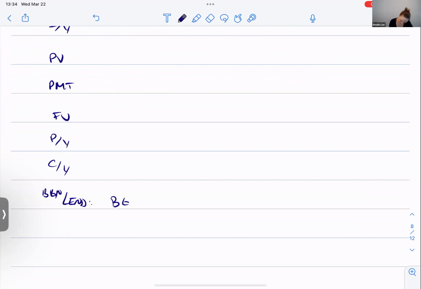And here we're at the beginning, right? So you have to make sure that you're in the begin mode. As long as you change it before you compute the value, of course, it doesn't matter when you do it. I like to do it at the beginning so I don't forget. Okay.